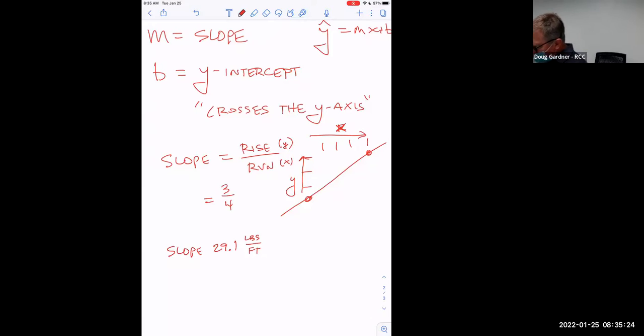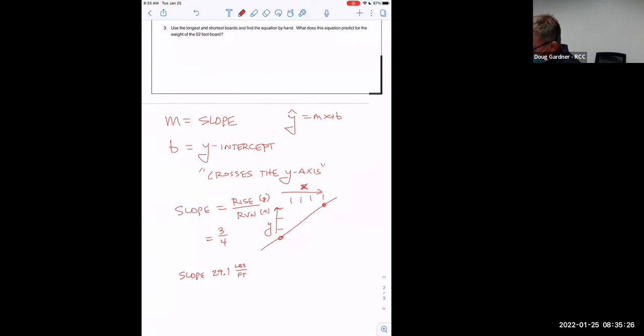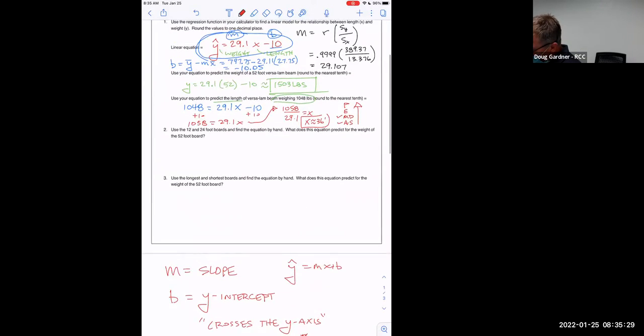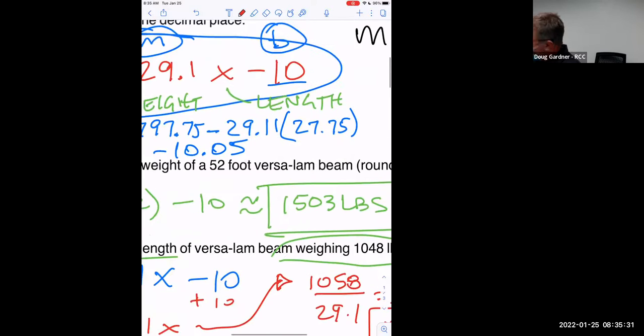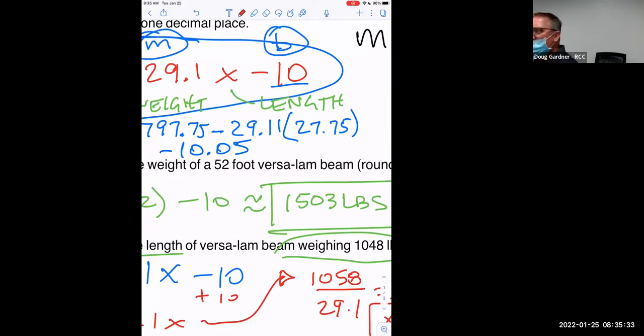And would you agree that 10 pounds, the minus 10 that was a part of this problem, isn't that much when you're talking about beams that weigh 1,500 pounds.